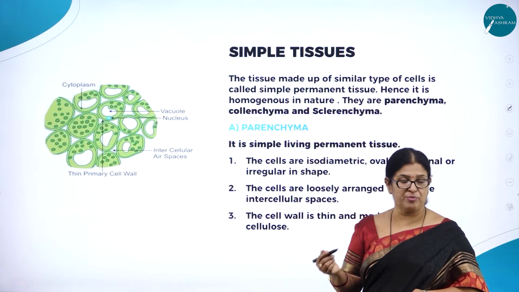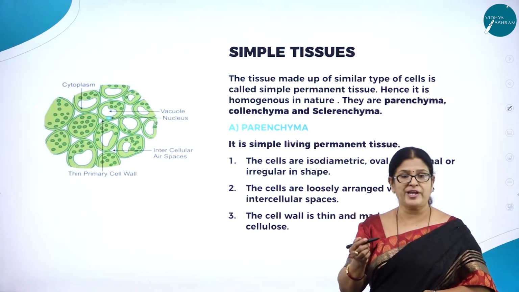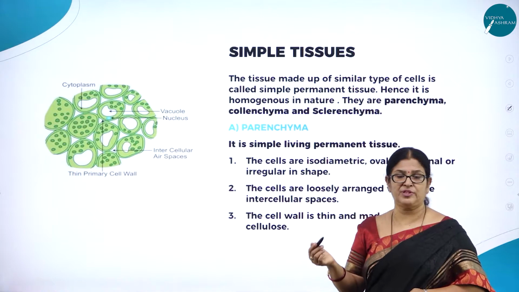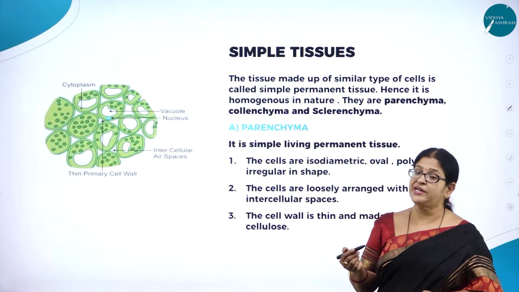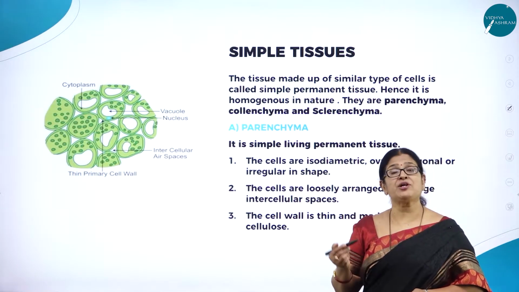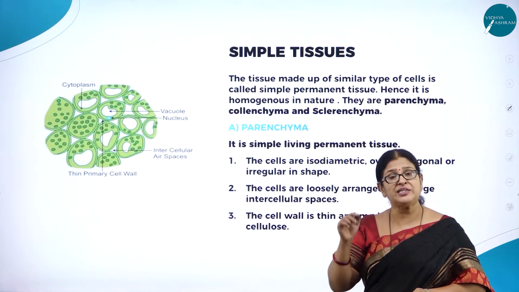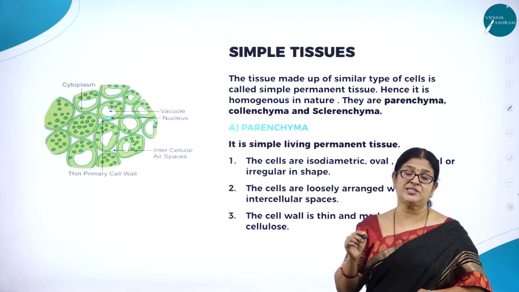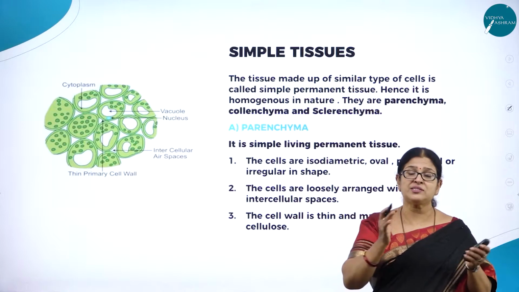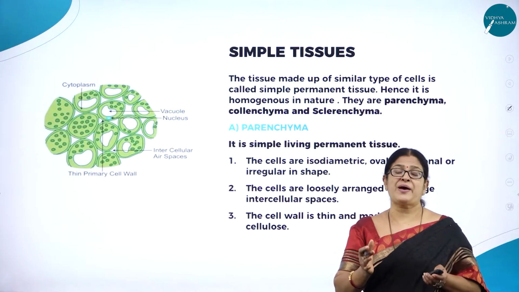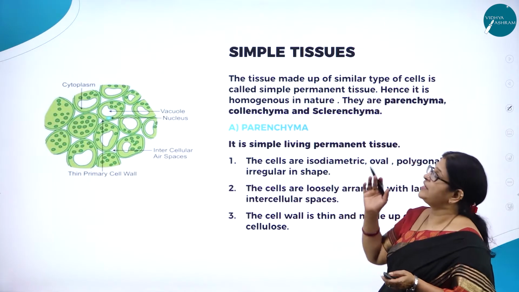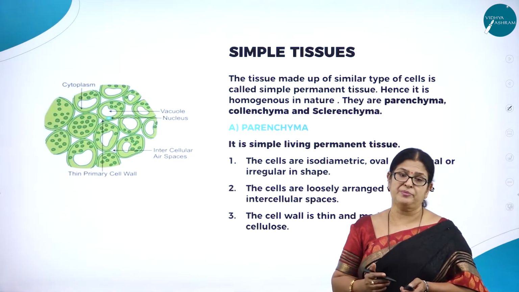Meristematic tissue has been again broadly classified into two types, one based on the origin and the other based on the position. Then we studied about the permanent tissue. Why are they called permanent tissue? Those are the tissues which have lost the capacity to divide and redivide. Once the meristematic cells lose the capacity to divide and redivide, they get transformed into permanent tissues.